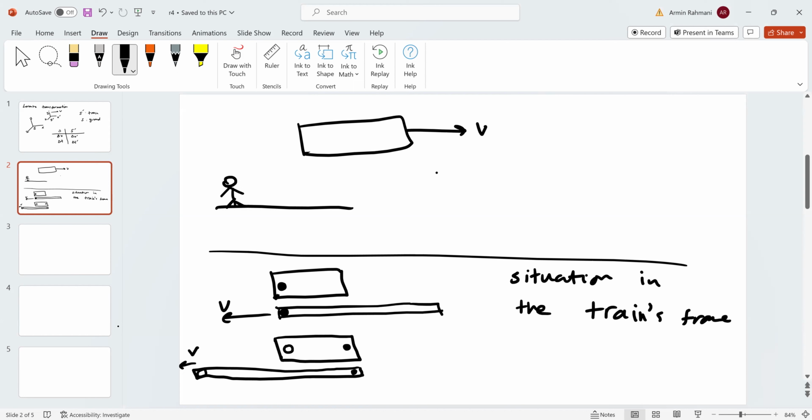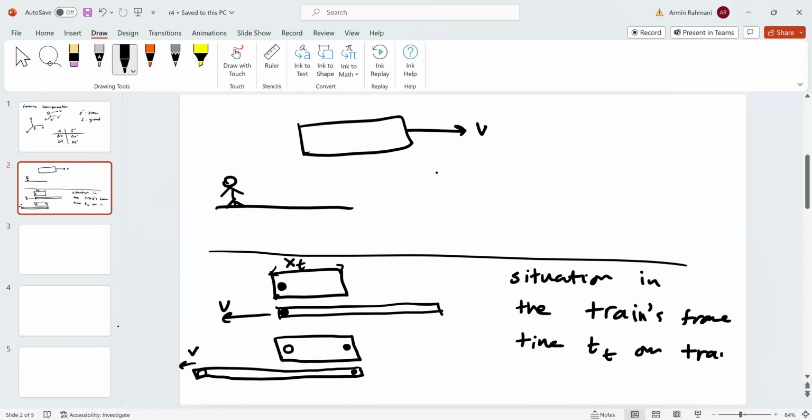Okay, so an observer on the train sees a spatial separation to be just the length of this train. According to her, let's call that x_t, and a time t_t that has passed. Right, so time t_t on the train.